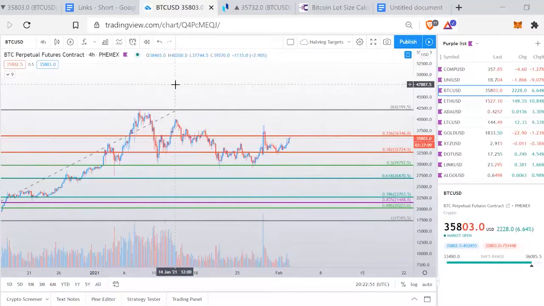So that's the first most important thing. Know what kind of strategy you're trading and know what kind of time frame you want to be trading it on.